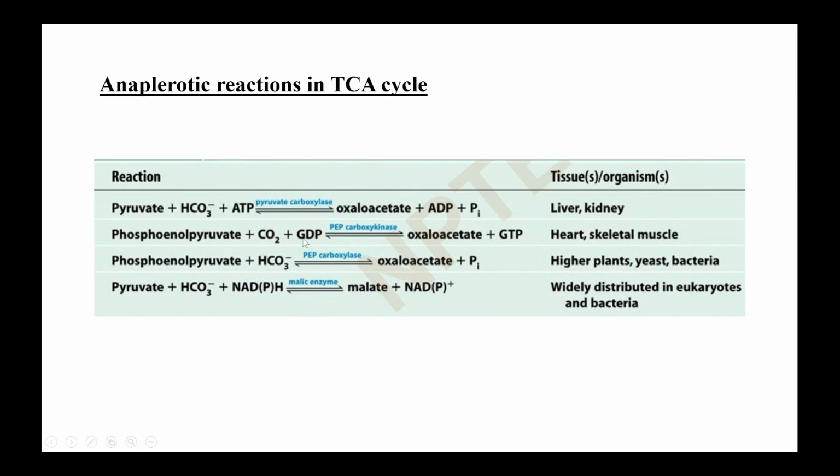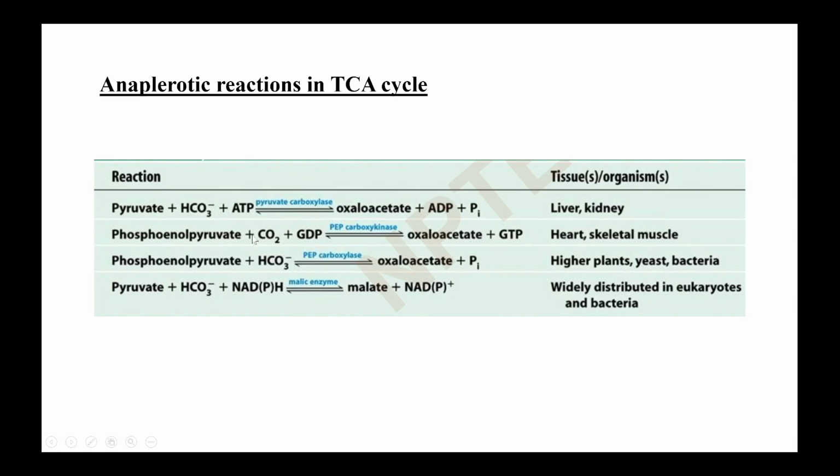So here GDP is converted into GTP. A phosphate is transferred from this phosphoenol pyruvate. So phosphoenol pyruvate has a phosphate, right? This phosphate is taken up by this GDP to become GTP. This GTP can further be synthesized into ATP. So ultimately, we will get one energy molecule.